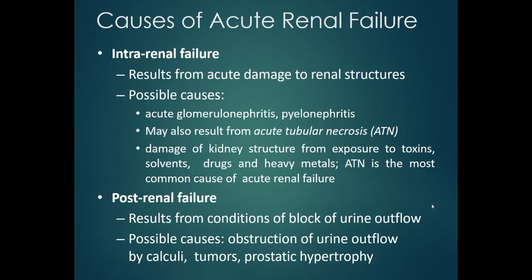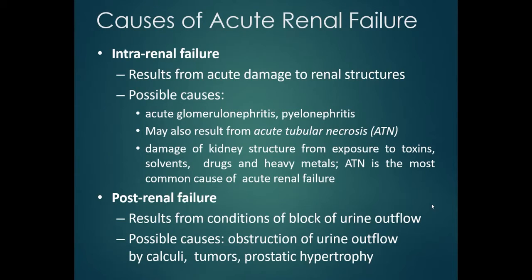Intrarenal failure is a result of damage to the renal structure. As the name suggests, intra means inside the kidney, so anything which is causing damage inside the kidney is intrarenal failure.